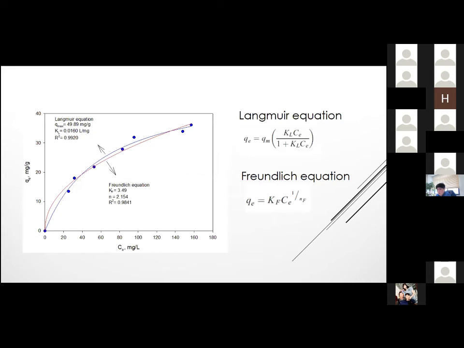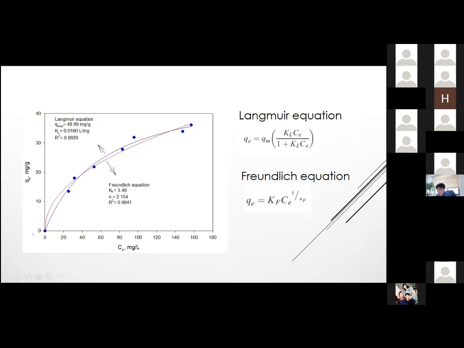Okay, so we also studied the isotherm assumption to determine the maximum loading capacity of the drug into the alginate bentonite composite. And we found that the maximum loading capacity of the drug is theoretically around 50 milligram per gram.